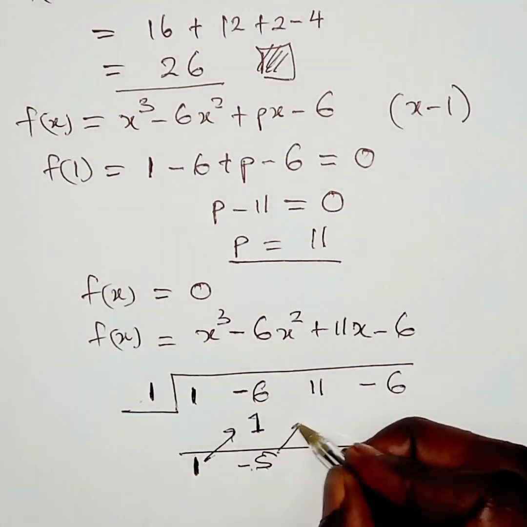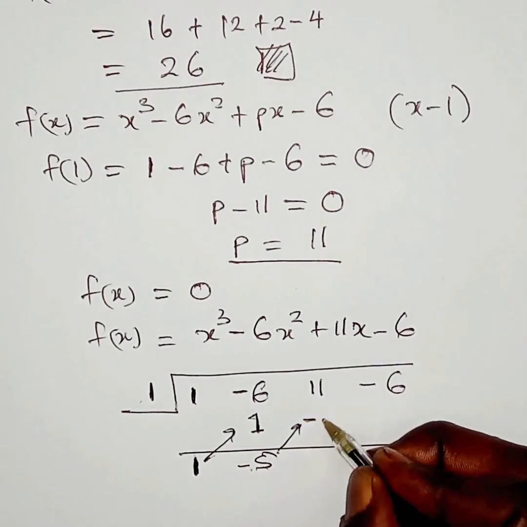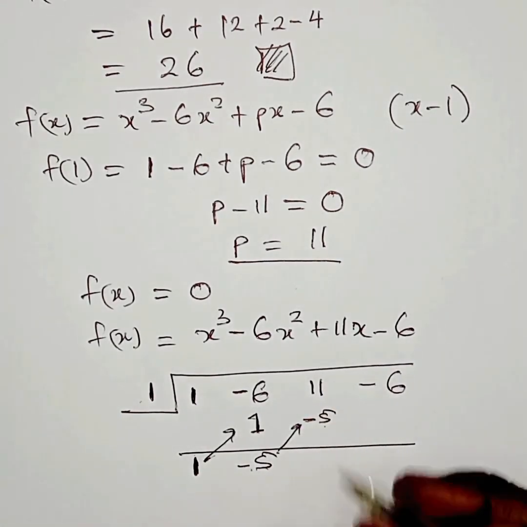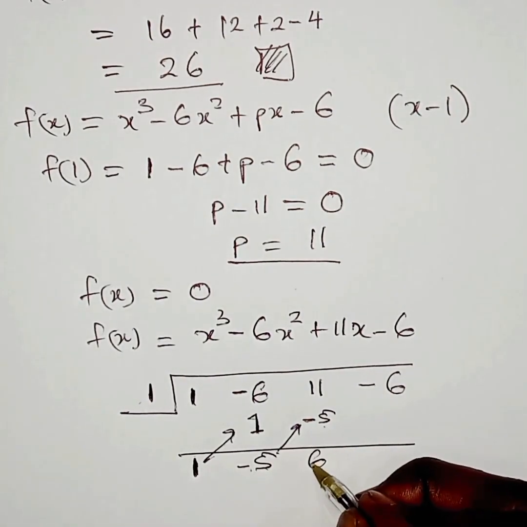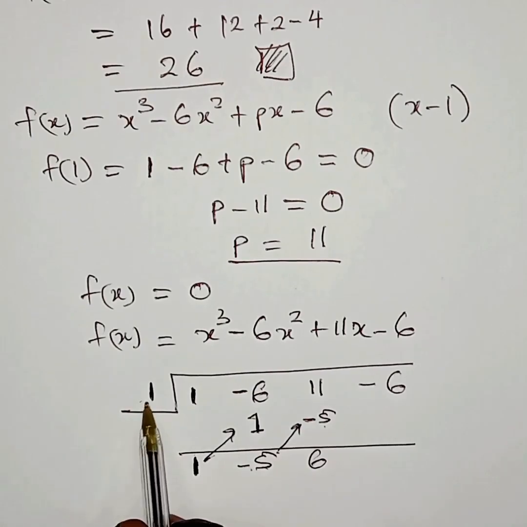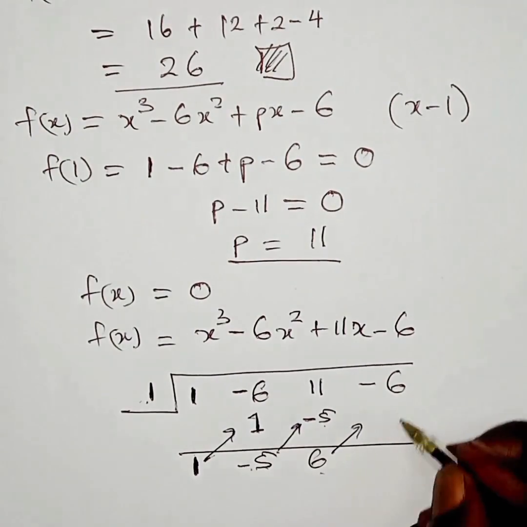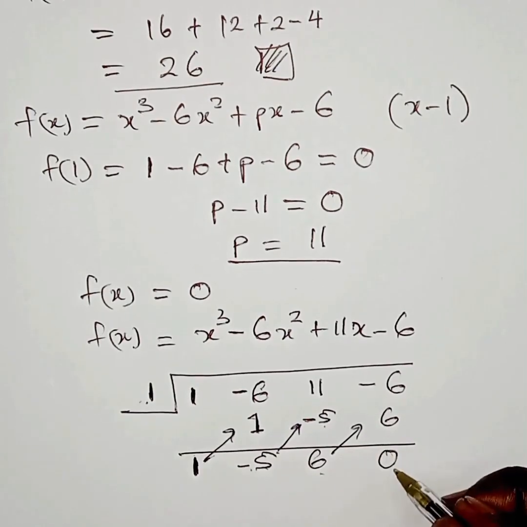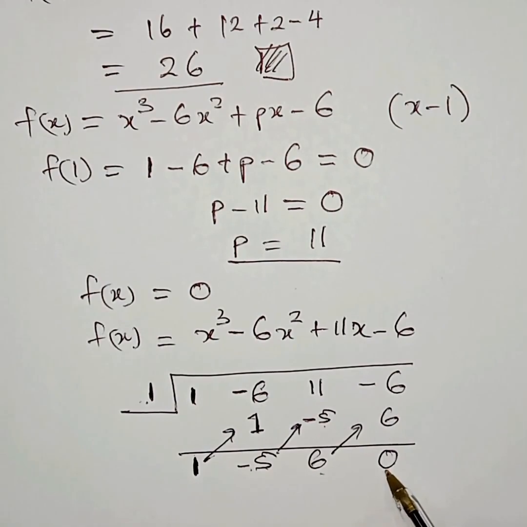You push the result onto that column, minus 5. Then you add 11 minus 5. You are going to get 6. Again, you are going to multiply 1 times 6. You get 6. You push it to the next column. You add minus 6 plus 6 and you get 0. And that is very true because you know our remainder is 0 on that.